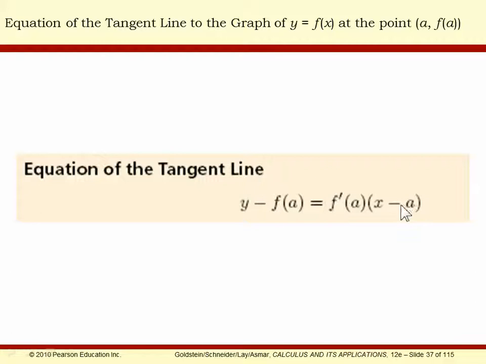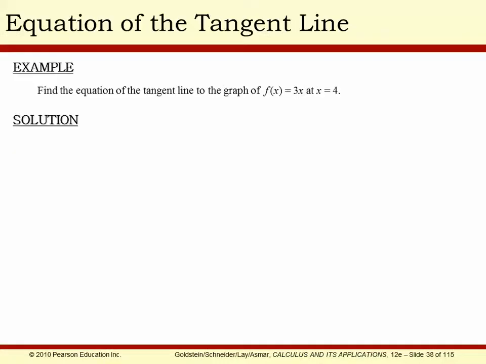So the point we're looking at is the point a comma f of a. We subtract the x value and the y value, and the slope is being determined by the derivative evaluated at that point. So this is the point-slope equation of the line from section 1.1, except we're going to calculate what the slope should be by using the derivative and the value of x that we're given.